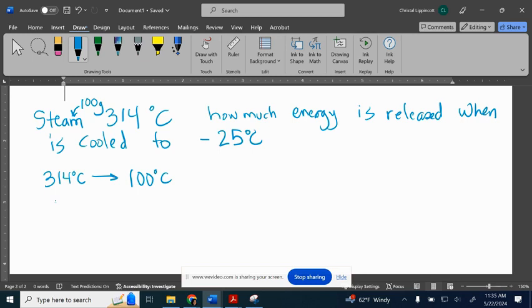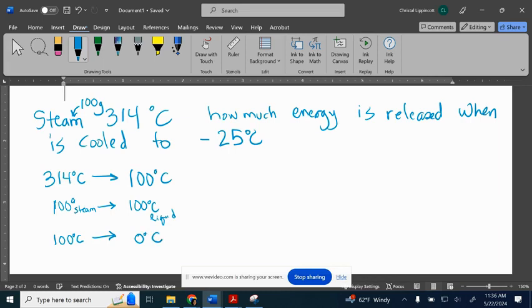Then I have to go from 100 degrees Celsius steam to 100 degrees Celsius liquid, right? So I'm going through that phase change. And all I'm doing is going from a gas to a liquid. Then I have to take that 100 degree liquid and I have to cool it down to what? 32 Fahrenheit, but we're in Celsius, 0 degrees Celsius.